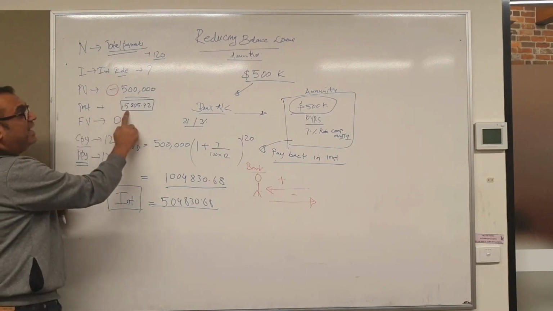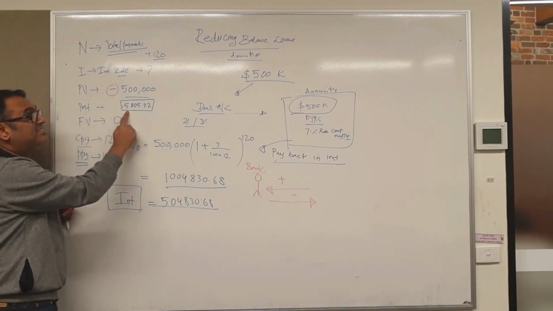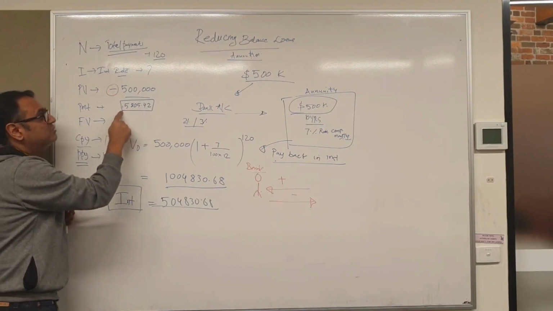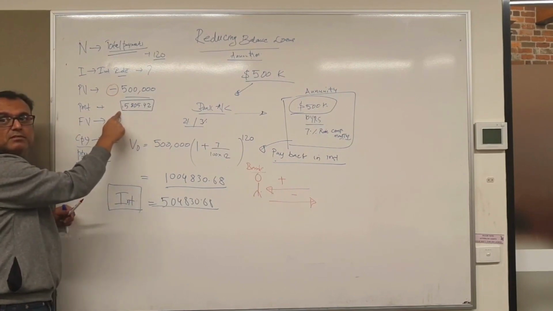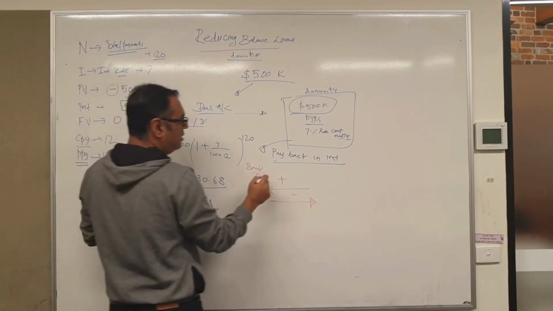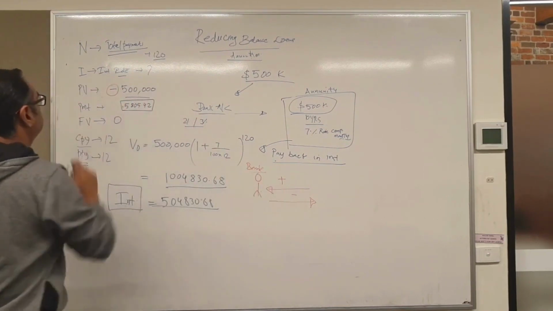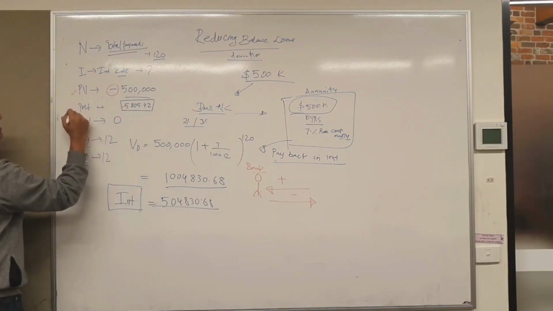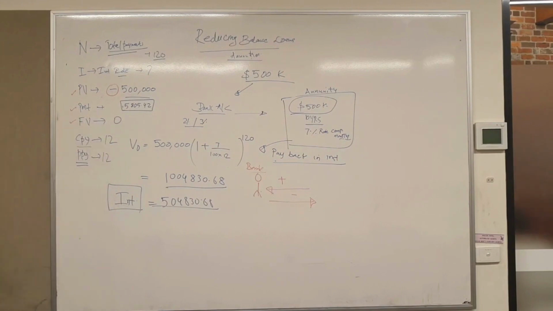And this PMT value you've received as positive because he's receiving that money every month. So that is why it is a plus. That's the broad fundamental behind the pluses and the minuses here. And you will be seeing the pluses and the minuses here, here, and here. These are three areas where you would see them.